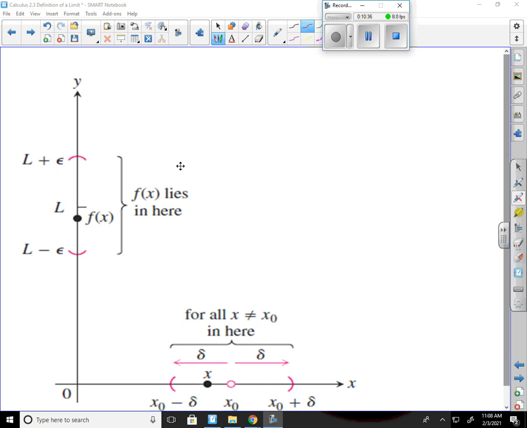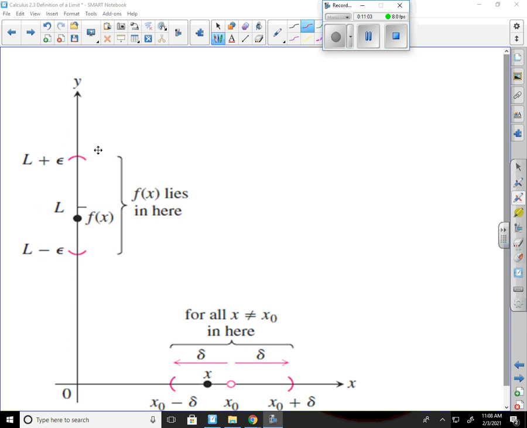Here's a way to look at it graphically. If I take that epsilon that I just put in, then here's my limit. My f of x has to fall within these two, where I'm adding my range that it has to fall within, and I'm subtracting my range that it has to fall within.